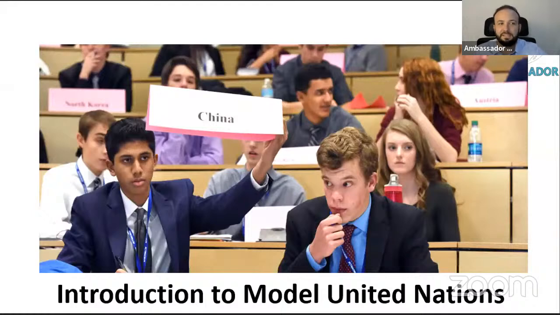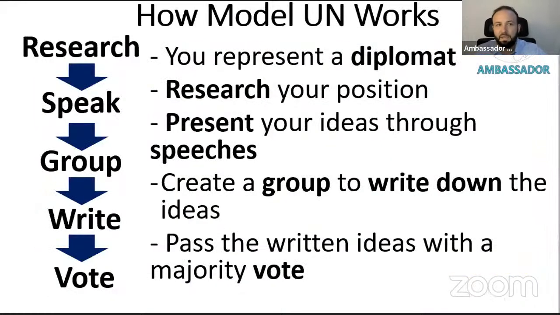So what is this activity? Model UN is an activity where the students will represent a diplomat, research the position of their country on a specific topic, present their ideas through speeches, and create a group to write down the ideas. If they're not written, they can't be voted on. It needs to move from speech to writing, and then pass the written ideas with a majority vote.